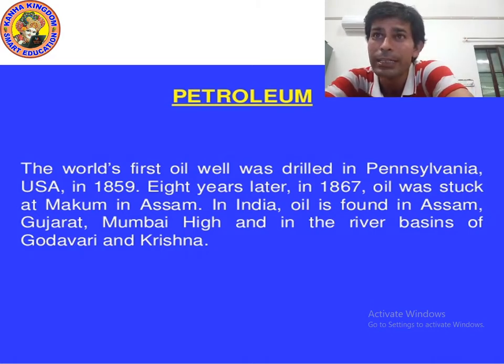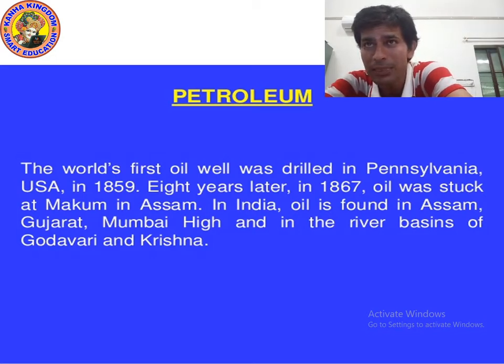Okay, eight years later, kids, what happened in 1867? Oil was struck at Makum. Makum is a place in Assam. In 1867, we got the good news: we got oil in Makum.